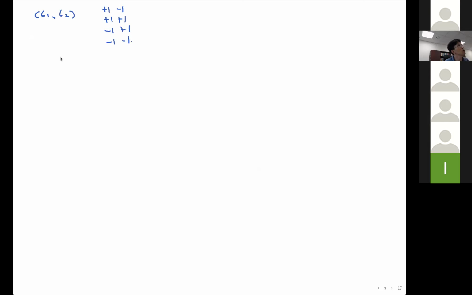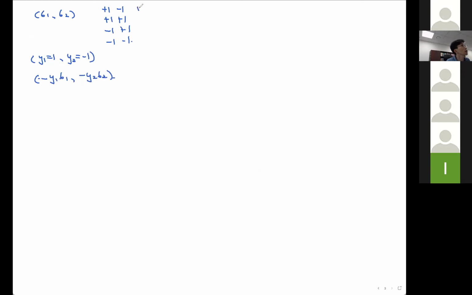There's a probability on all of these. But suppose y1 is 1 and y2 is minus 1. Then think about minus y1 times sigma 1, minus y2 times sigma 2. What are we going to get?